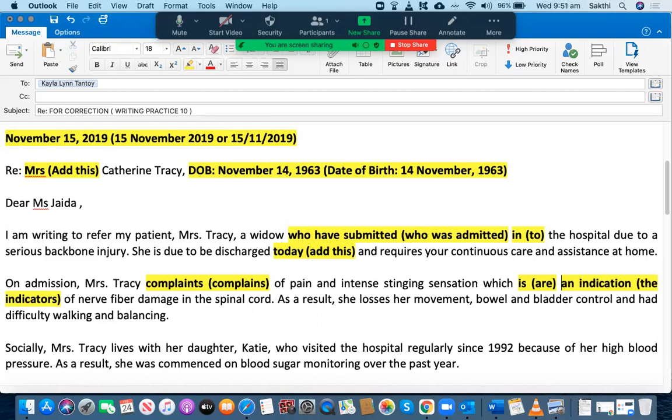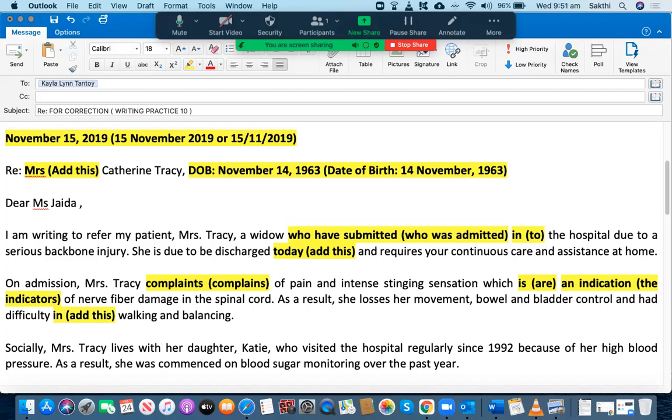"As a result, she loses her movement, bowel, and bladder control, and had difficulty walking and balancing." It should be "difficulty in walking and balancing." Okay, difficulty in something, so you have to use this preposition before you use walking and balancing. That's another issue. All right.